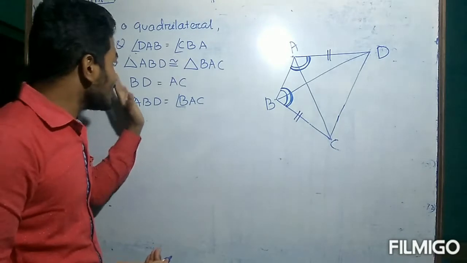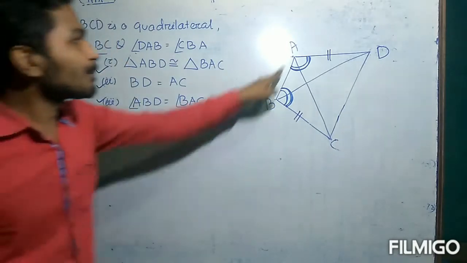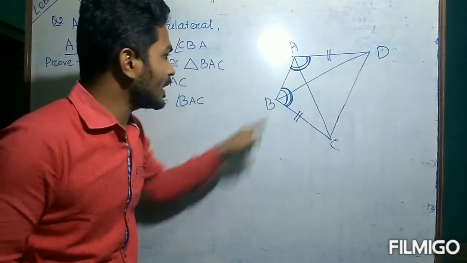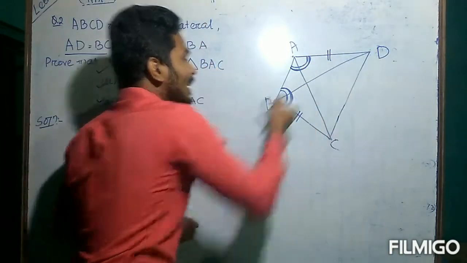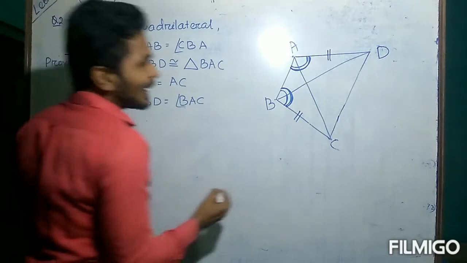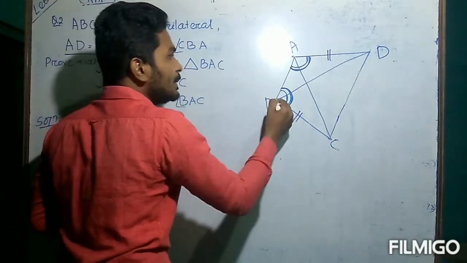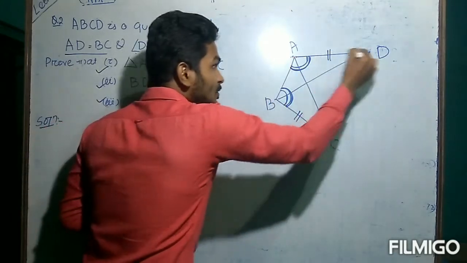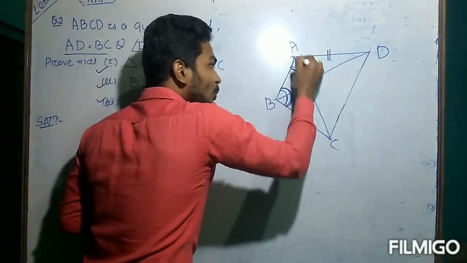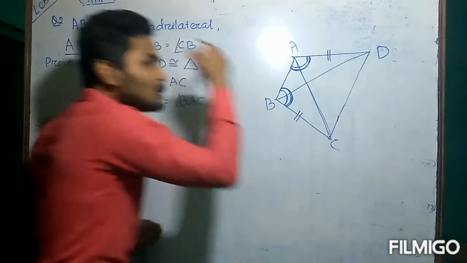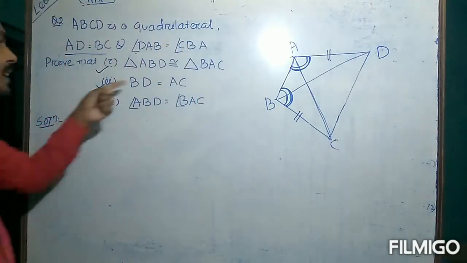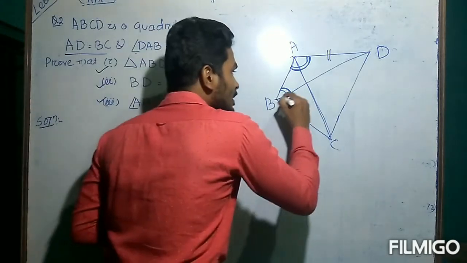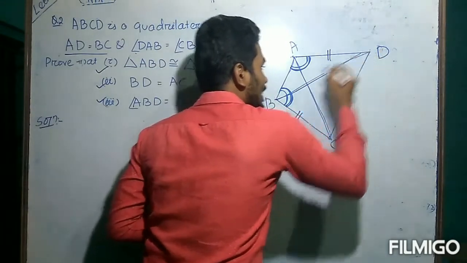So the first statement is triangle ABD. Look at this triangle ABD. This triangle is congruent to the triangle BAC. Again I am telling you, this triangle is congruent to this triangle. We have to prove this. And the second statement is BD is equal to AC. BD means this distance.